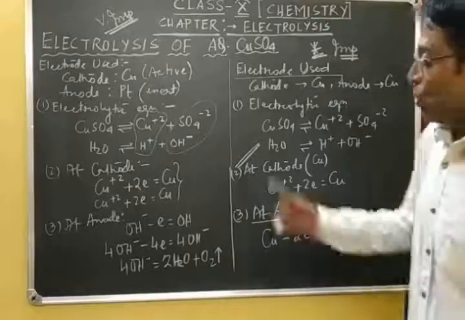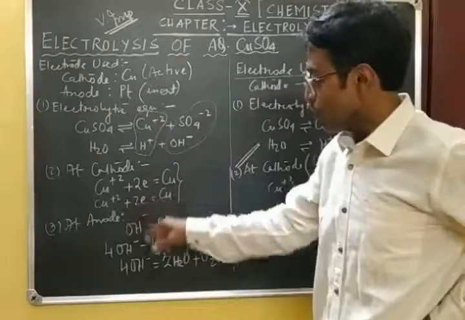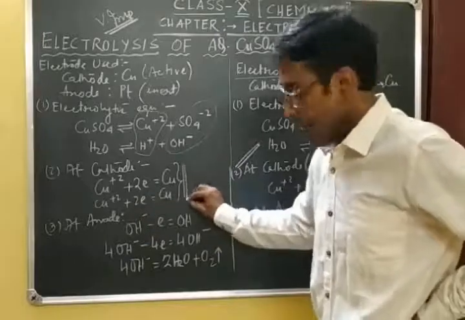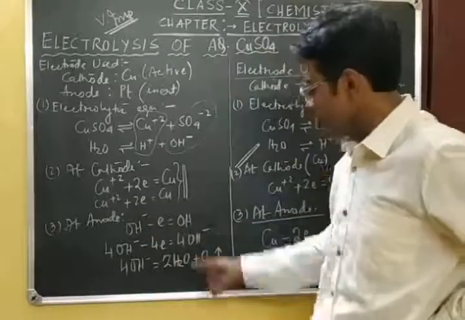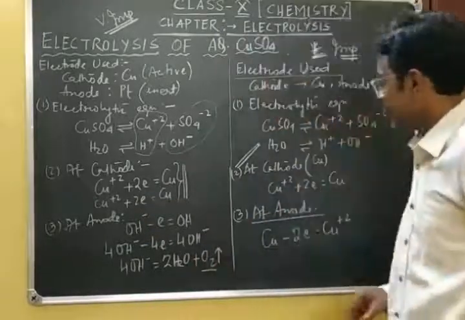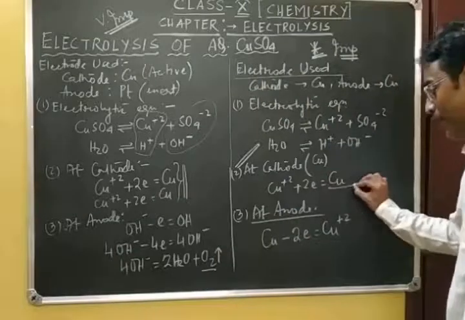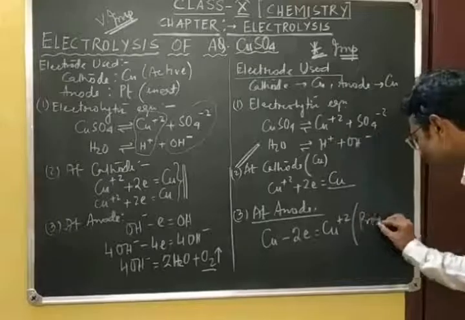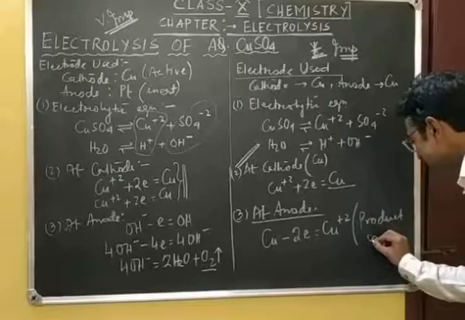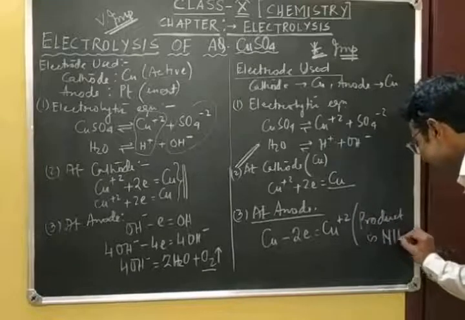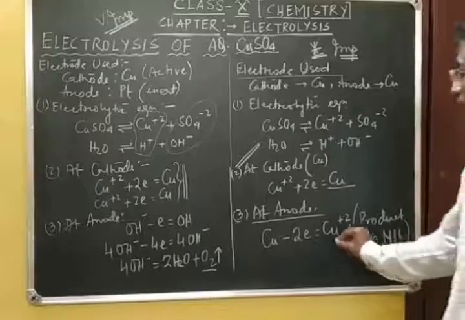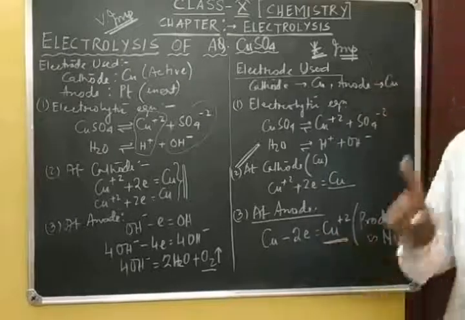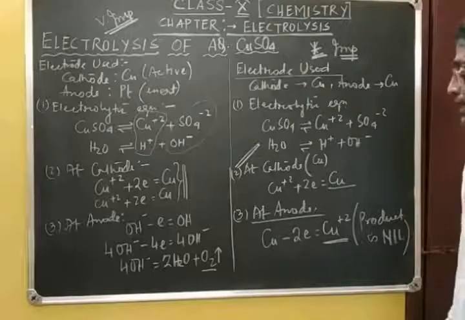collected. So here at cathode, what is the product? Copper. Here at the anode, what is the product? Oxygen. Here at the cathode, what is the product? Copper. But at anode, remember this one, the product is nil, because we cannot collect a copper+2 ion. Why is this copper ion not collected here?